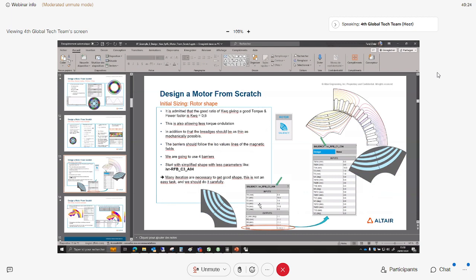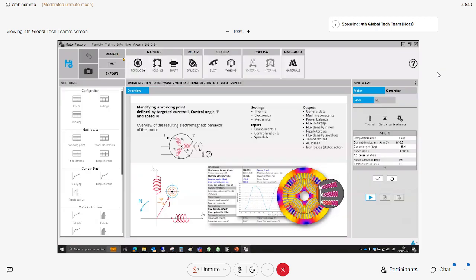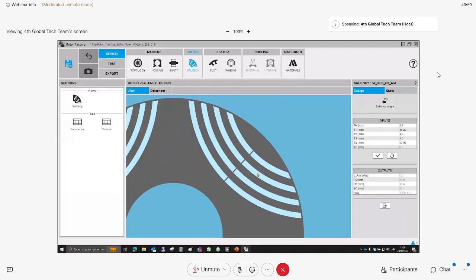You can use optimization, for instance, at this first level: couple Flux Motor to HyperStudy and launch a parametric study in order to reach this saliency equal to 0.6. Or you can do it as I did here, just make some ping pong and you are done.